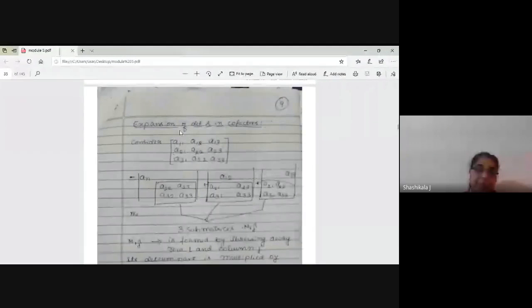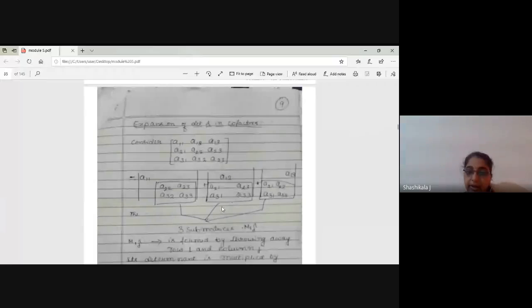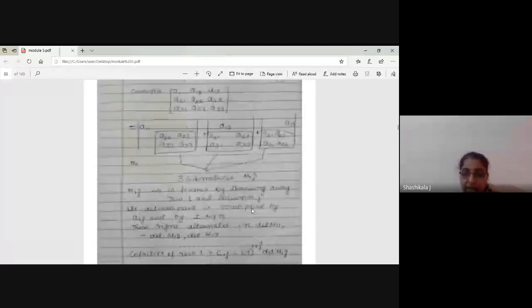So for A11, you leave this row and this column, and the remaining submatrix will be this. Plus A12, leaving that row and column, is one more submatrix. And for A13, this is one more submatrix.